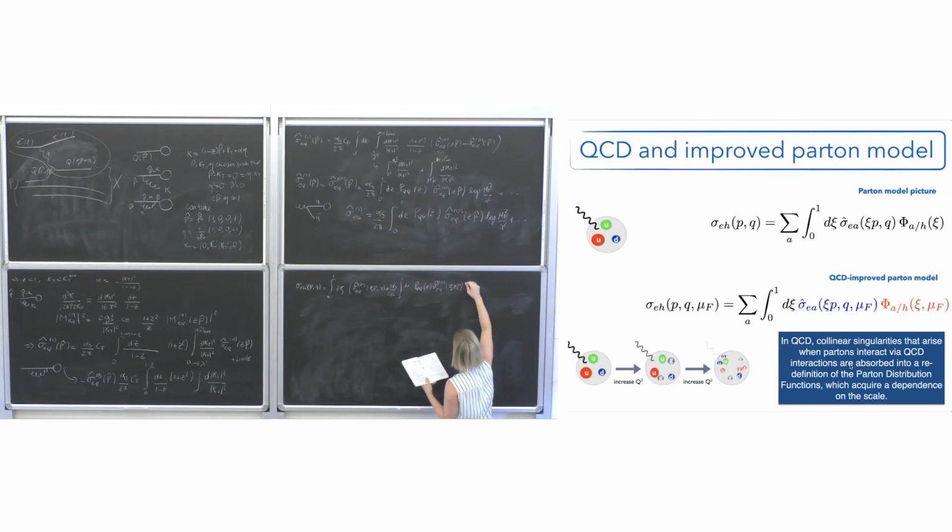And the log of mu_F squared divided by lambda squared. And this multiplies phi_q, the probability of finding the quark q in the hadron H, carrying a fraction xi of its momentum.